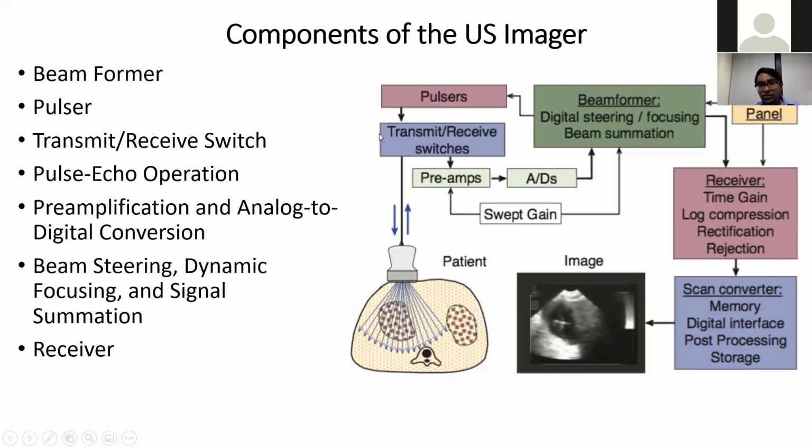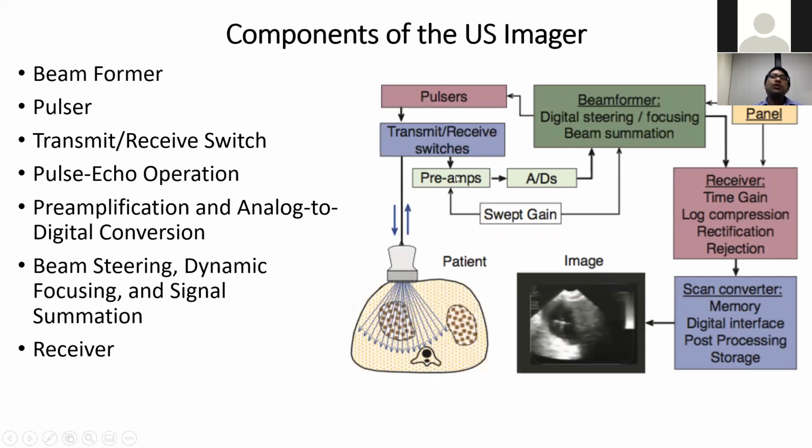When the transducer is in transmit mode, it's pulsed by different pulsars, around 100 of them, which are typically in the range of 50 to 120 volts. These are high voltage pulsars that can transmit energy into the ultrasound transducer. And when we are in the receive mode, there are preamps which are used to amplify the received signal.